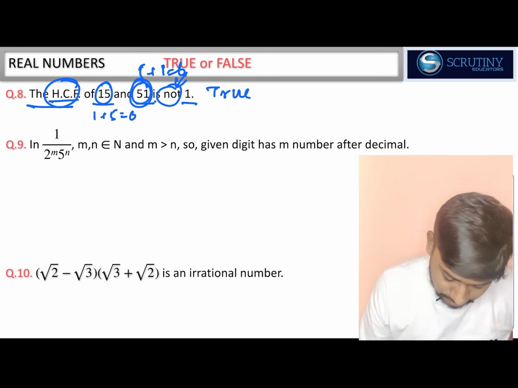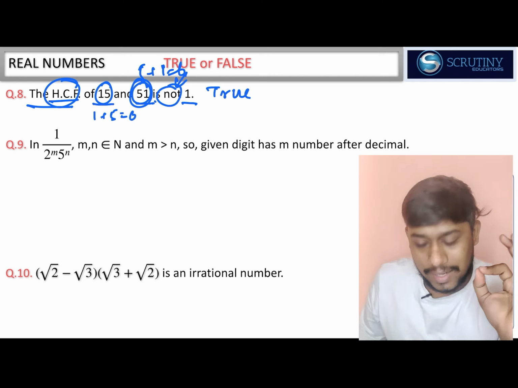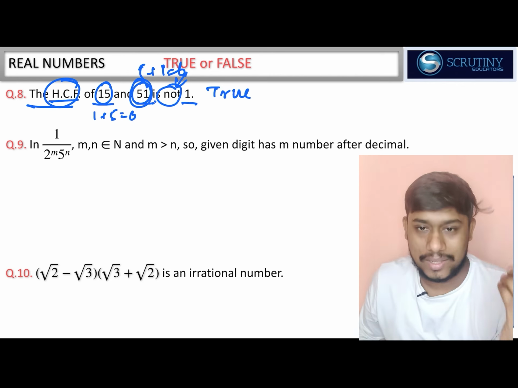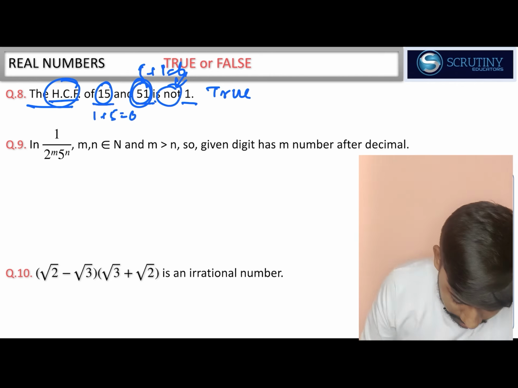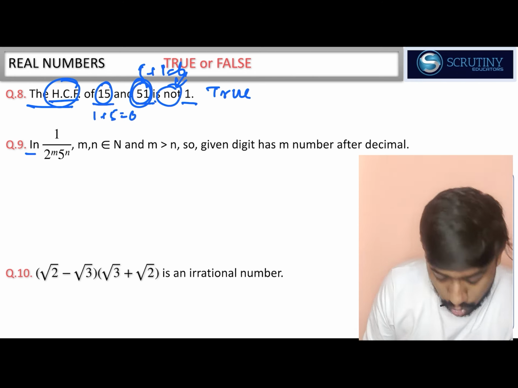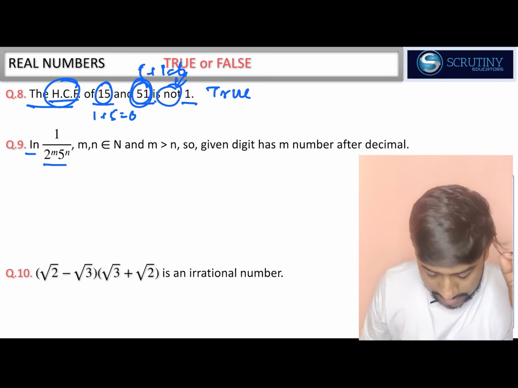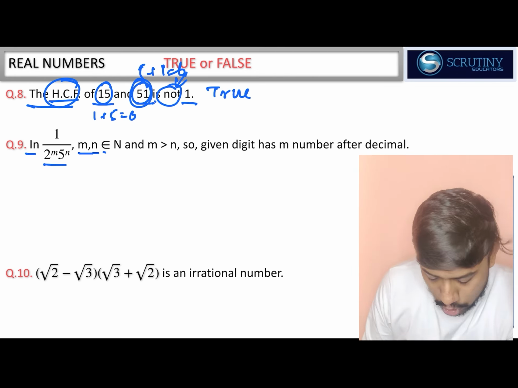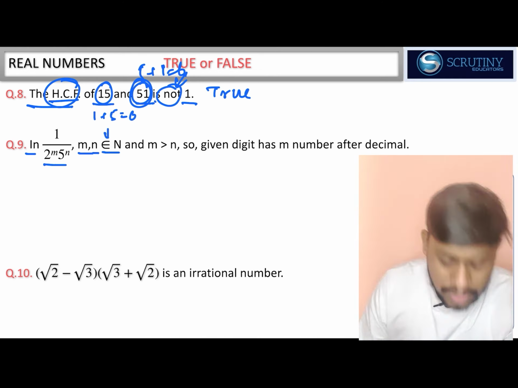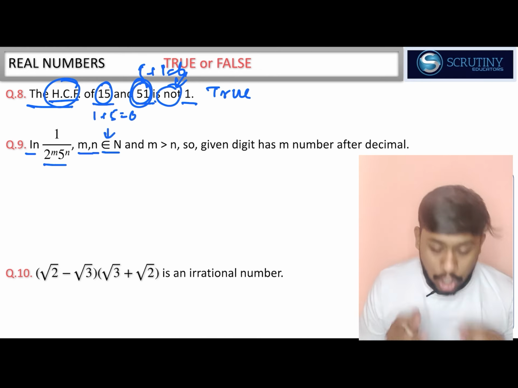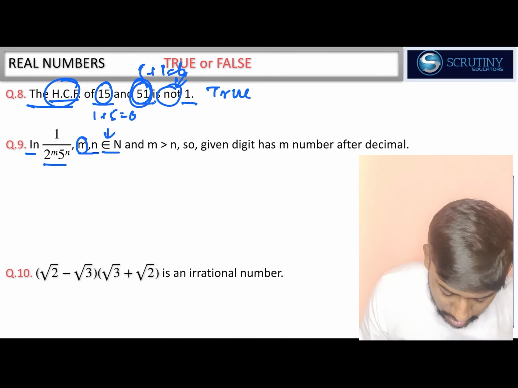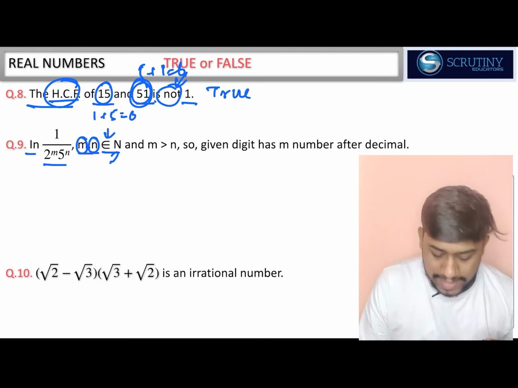Got it? Now this question number 9 is in verbal language. First understand that. In 1 by 2 power m and 5 power n, where m, n belong to natural numbers. Many students may be new to this symbol. Belongs to means whatever the m value and n value you take, they all are natural numbers.